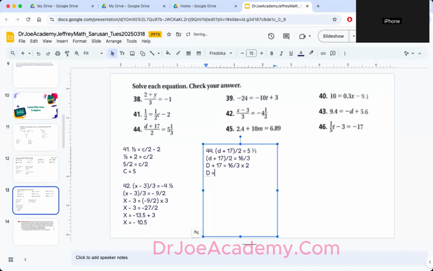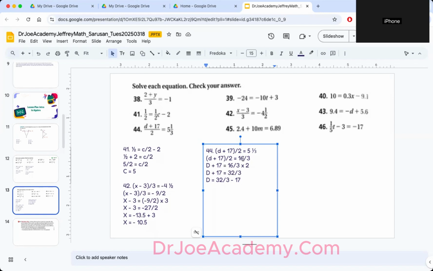Yep, looks good. Okay, and then that would be something. Okay, so that'd be that minus, wait, 32 over 3 is really just 10 and 2 over 3, right? Yeah.